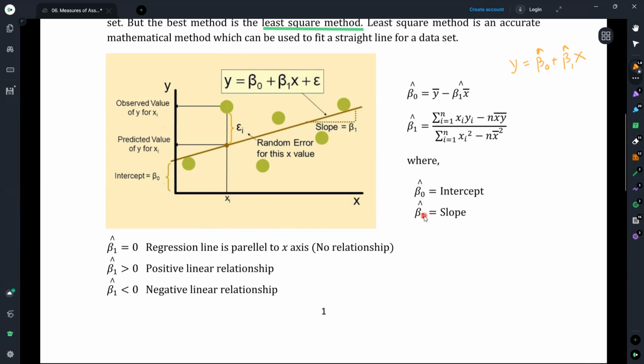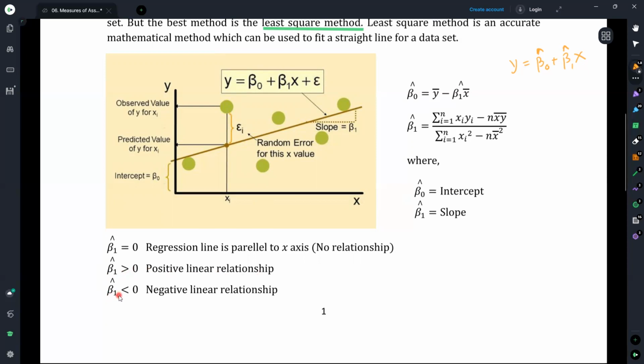Therefore, based on the value of beta 1 hat, we comment whether the relationship is positive or negative, and we do not comment on beta naught for that. If the estimated value of beta 1 becomes 0, then there is no relationship. If beta 1 hat is a positive value, then there is a positive relationship among the variables.